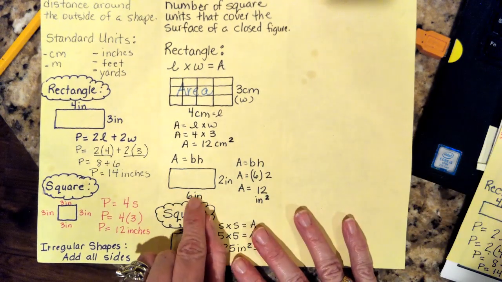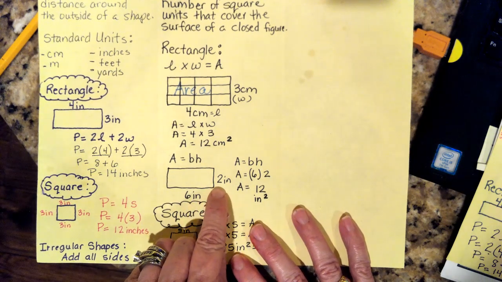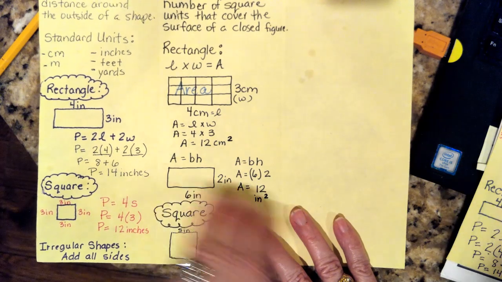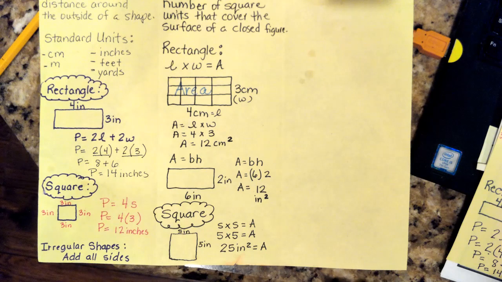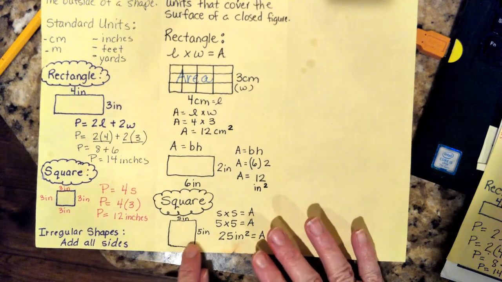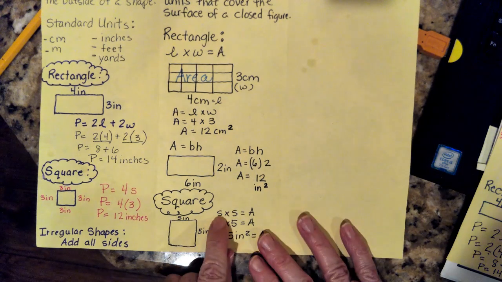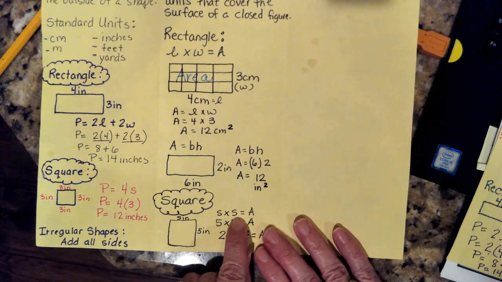And so if we know that the base is 6 and we know that the height is 2, we can multiply that to get that surface area of the side of a figure, or the top of a figure, or the bottom of a figure. And then again, for a square, we know that all the sides are the same. So once we know that side length, we can just say side times side equals area.